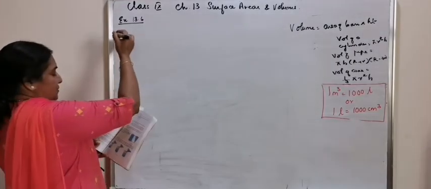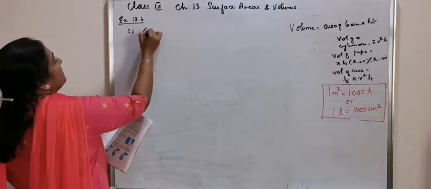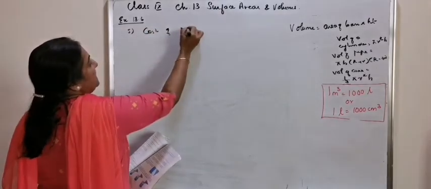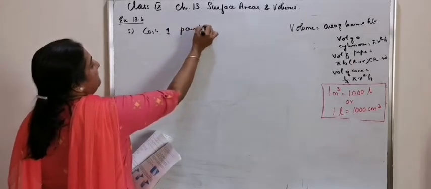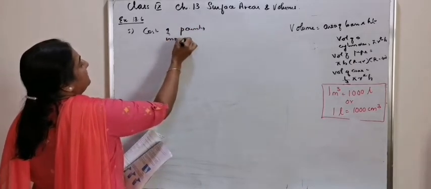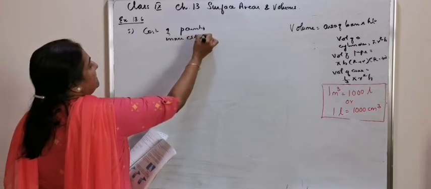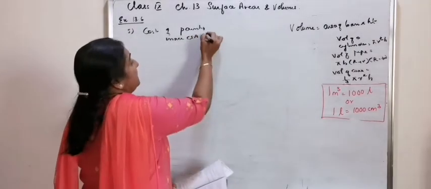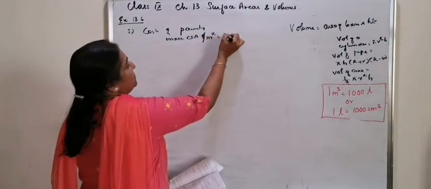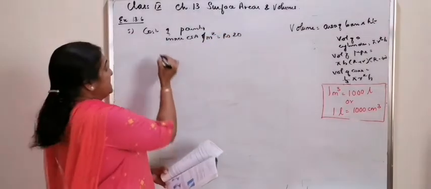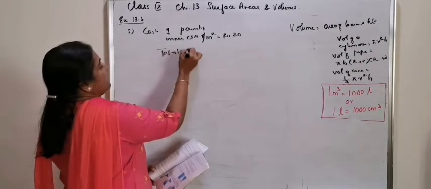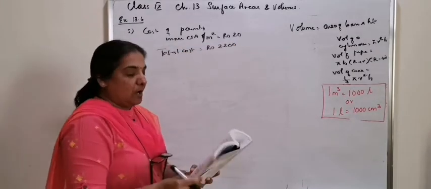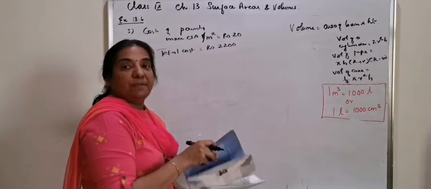So cost of painting inner curved surface area per meter square is given as rupees 20, and the total cost is given as rupees 2,200. So how do you form an equation based on this?